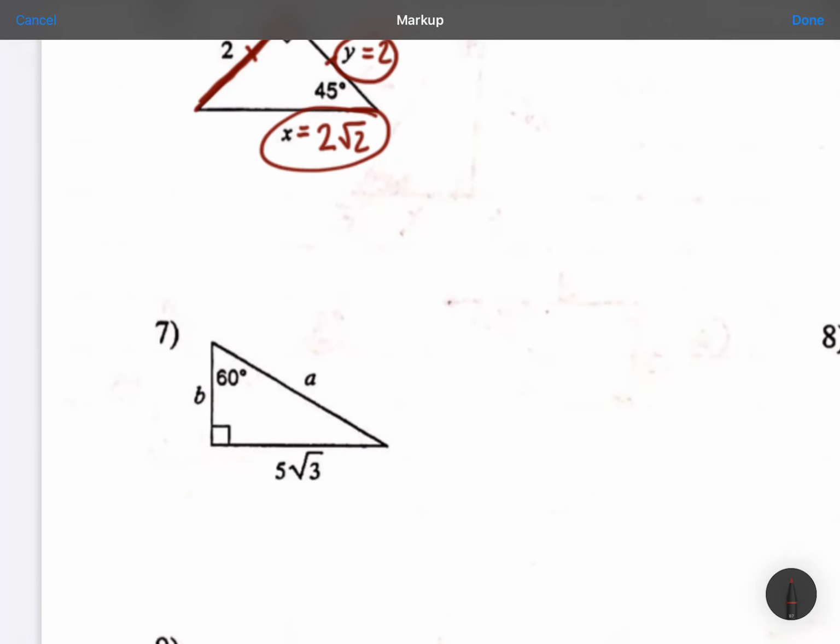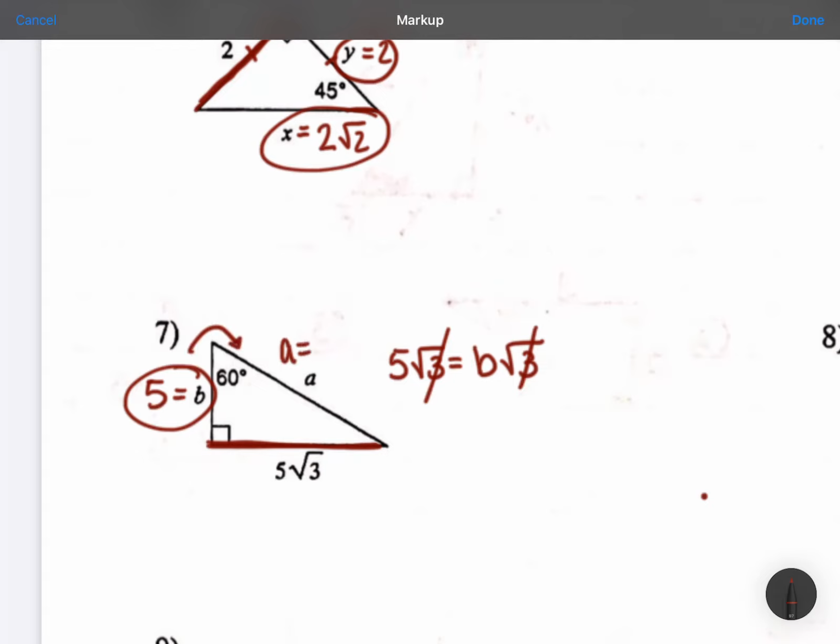30, 60, 90. Oh boy, they've given me the long leg. It's across from that 60 degrees. So long leg equals short leg times radical 3. So the radical 3's are going to cancel. So my short leg is 5. Double that to get to the hypotenuse, so my hypotenuse is 10.